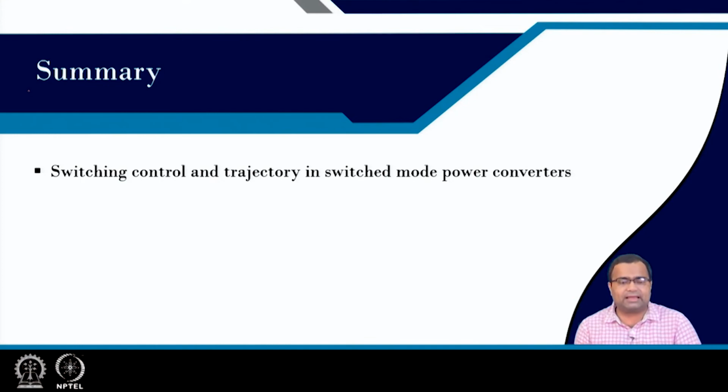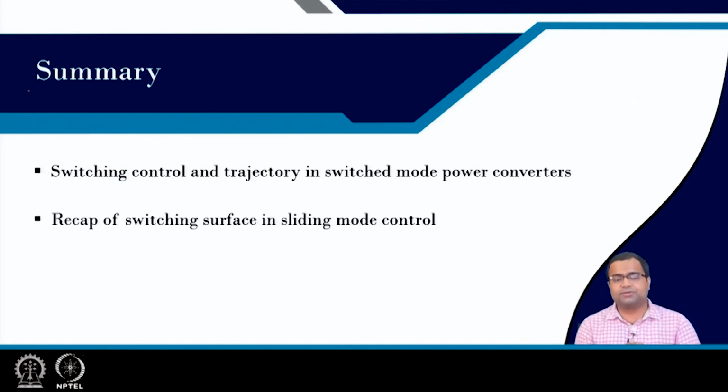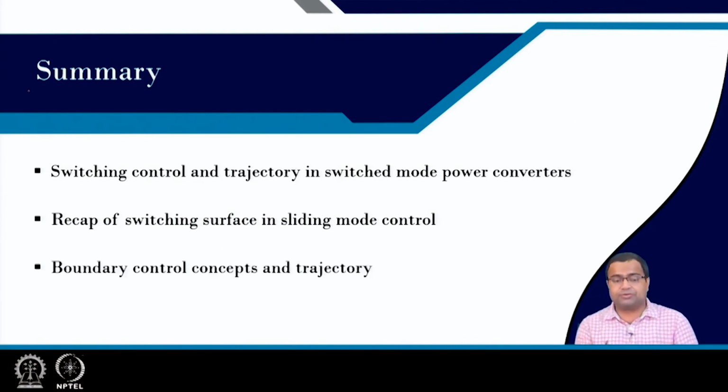So, in summary, we have discussed switching control and the trajectory in switch mode power converters. We have discussed the switching surface in sliding mode control. We have discussed the boundary control concept on trajectory, and we have also discussed sliding mode control. Actually, boundary control is a subset of sliding mode control where we want to design the surface in order to make the surface look like a target trajectory.